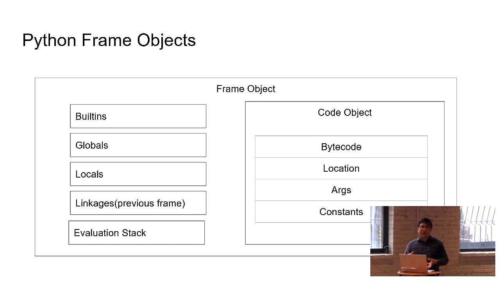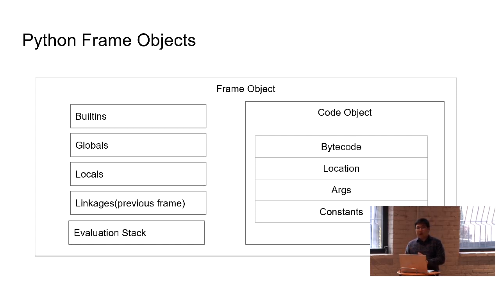Basically, any Python code that's in a function is compiled into bytecode, and it has a set of instructions. The CPython interpreter then wraps that bytecode into a frame object that includes the code object, which includes stuff like location, args, and various constants.